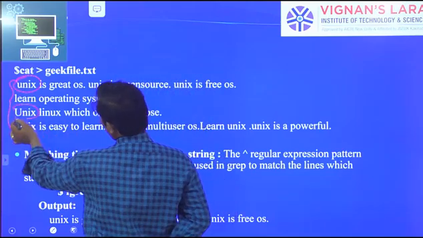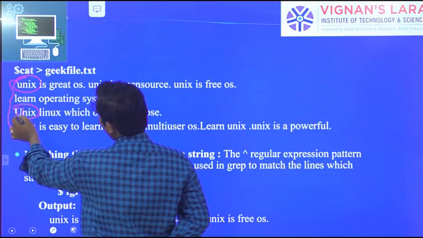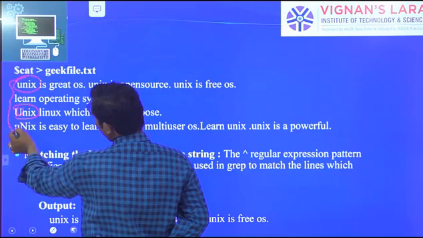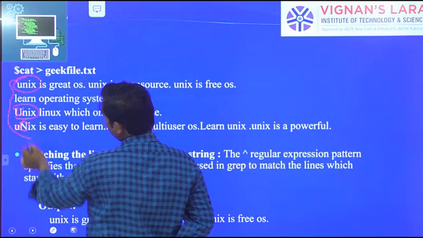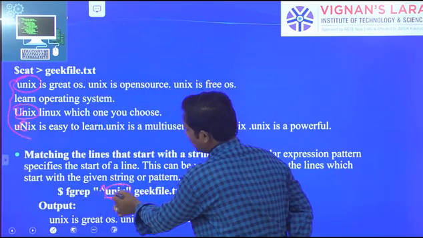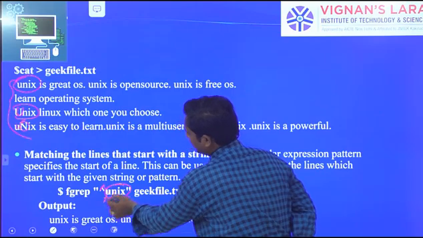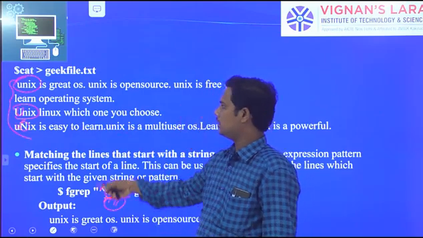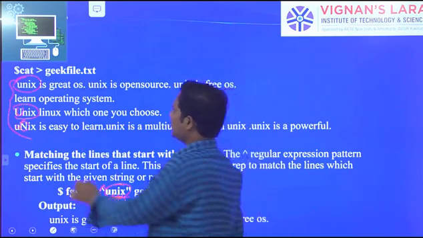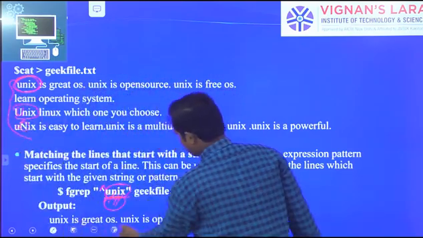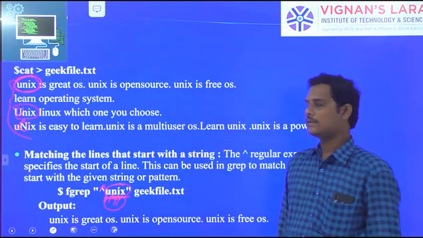Here the starting letter is capital U. Here Unix is there, the starting letter is U, but the next letter is capital. It matches character by character, and only this line is displayed as output, the starting line.